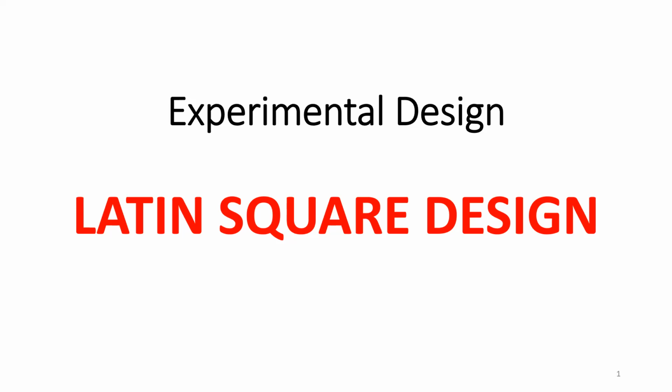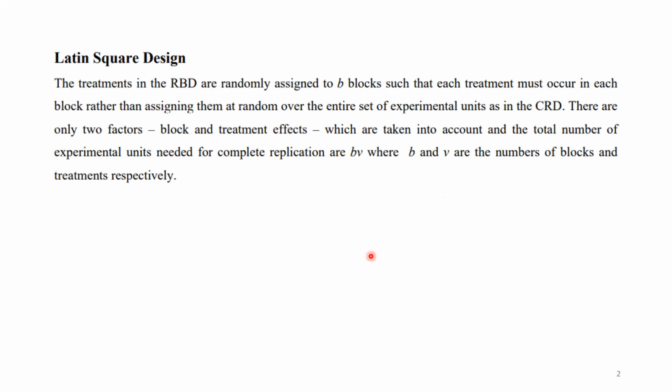Now we are going to move to another step under the Latin square design. Let's see what I mean by the Latin square design. The treatments in the randomized block design are randomly assigned to blocks, such that each treatment must occur in each block, rather than assigning them at random over an entire set of experimental units as in CRD.